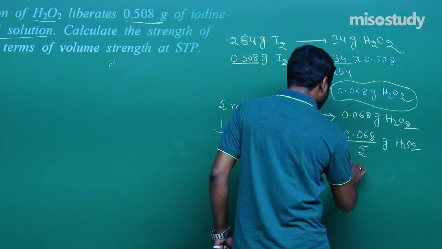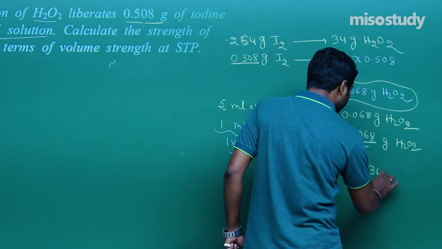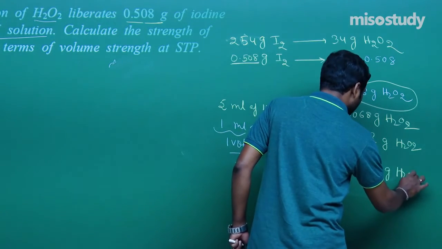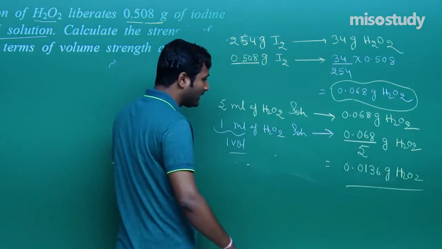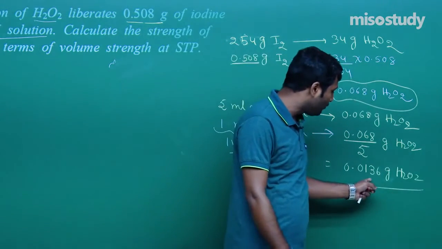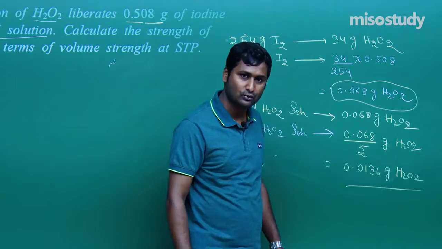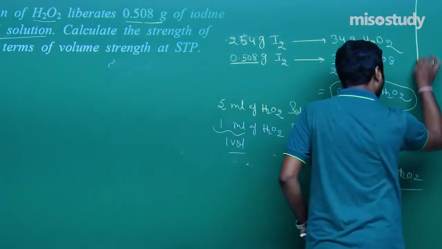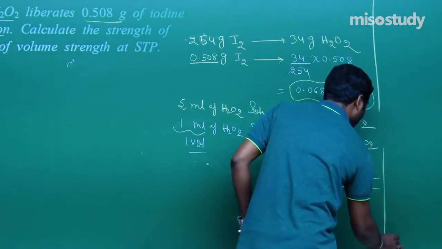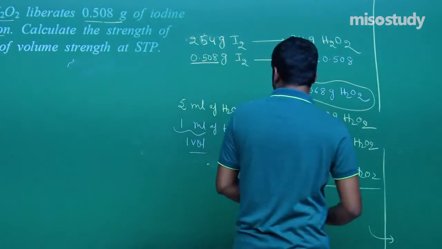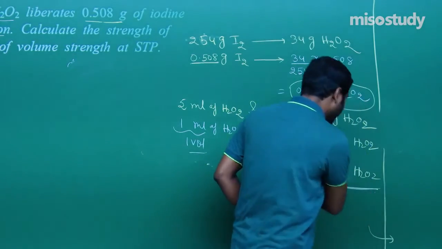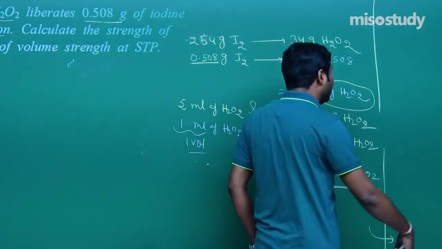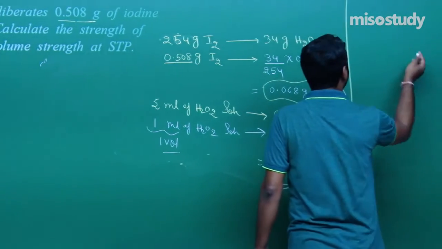That is around 0.0136 gram H2O2. That is, one volume contains 0.0136 gram H2O2. Now let's move here. This is a calculative type question. It will take time. This is the gram. Now, according to the ideal condition, we know the equation.